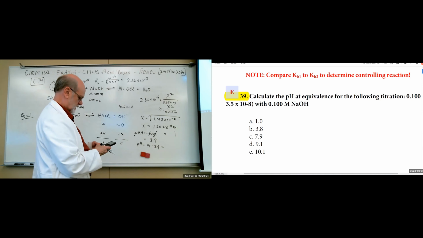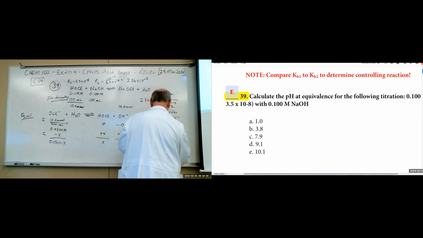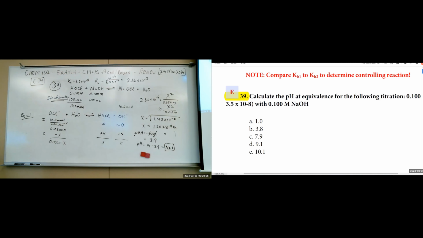Oops. Let's try that again. 10.1. That's our pH at equivalence. Now, why would we want to know that?